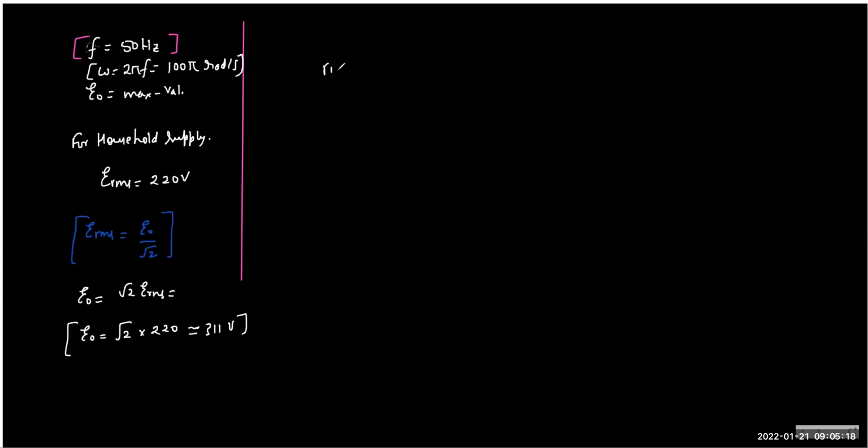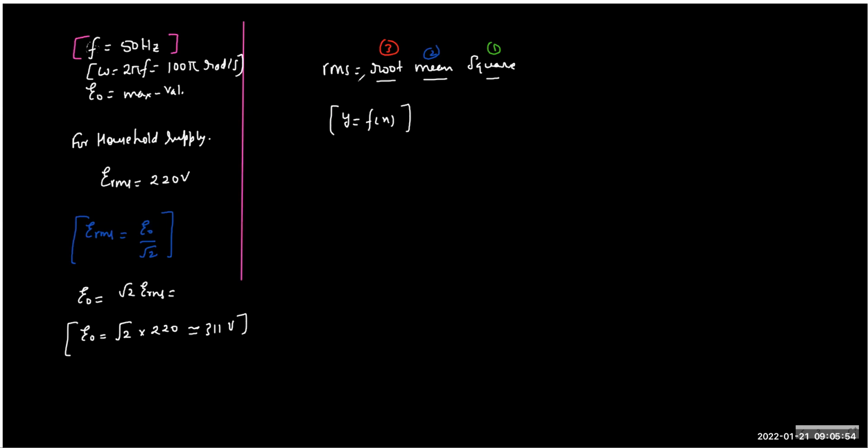So what is the meaning of RMS? Root mean square. For any function y equals f of x, the root mean square says that this is step 1, step 2, step 3.